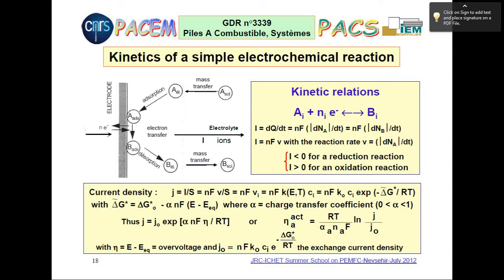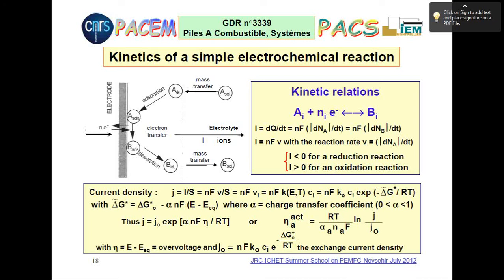The exchange current density is a very important variable for electrochemistry, and you see that you separate, in fact, the electrical part, exponential of alpha nF eta over RT, from the chemical part, which is here.